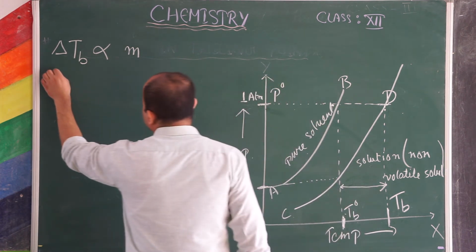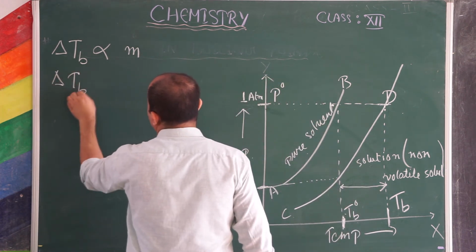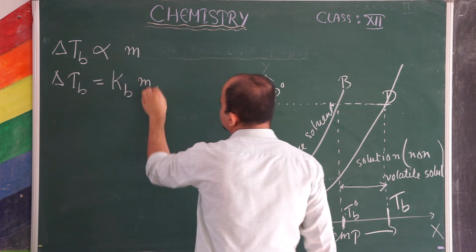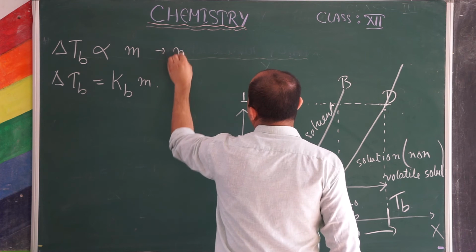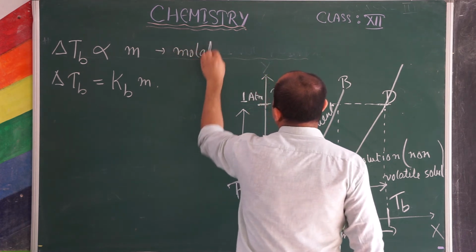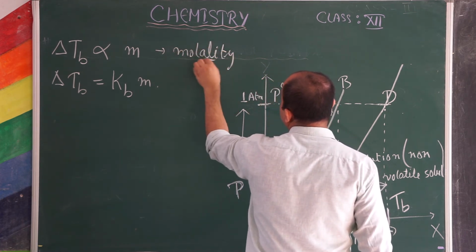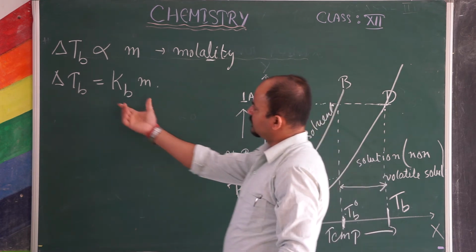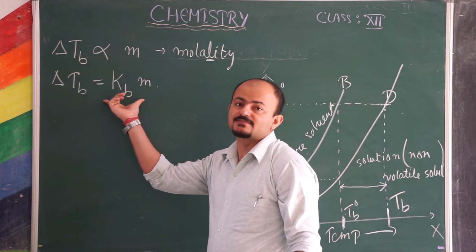So, delta TB will be equal to Kb into m, where small m is the molality. So now, this is found experimentally.